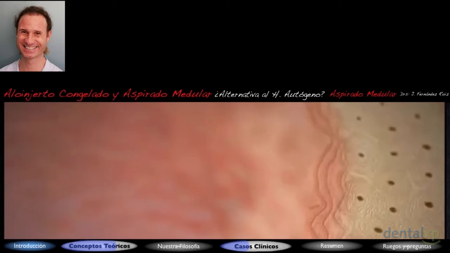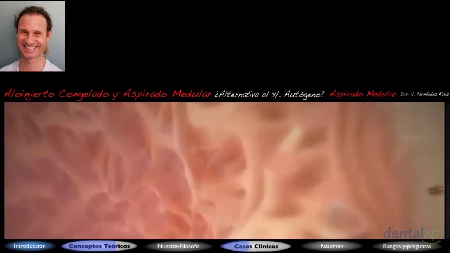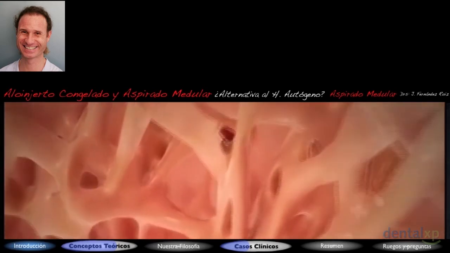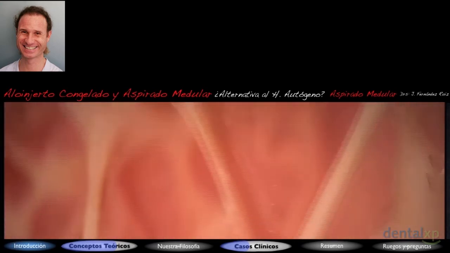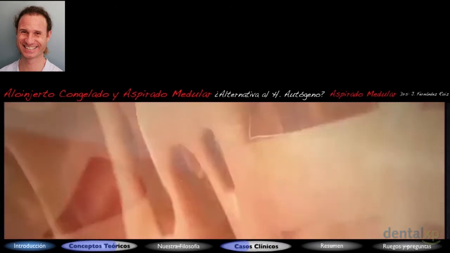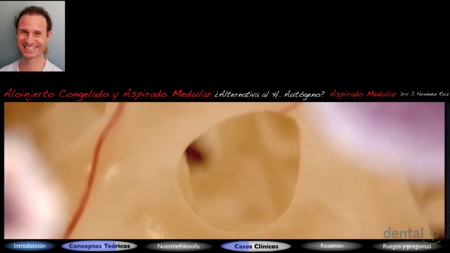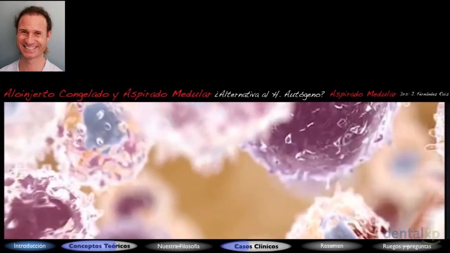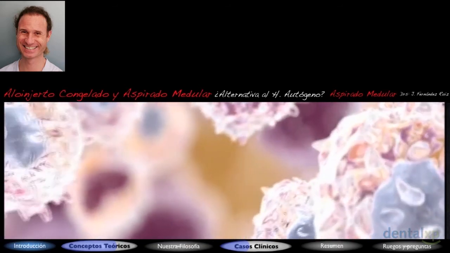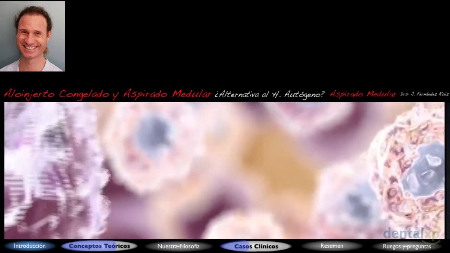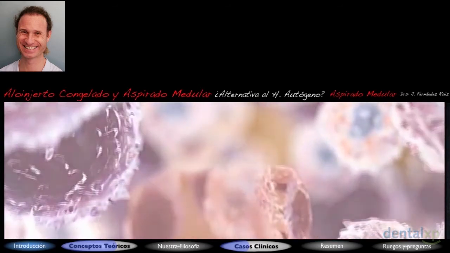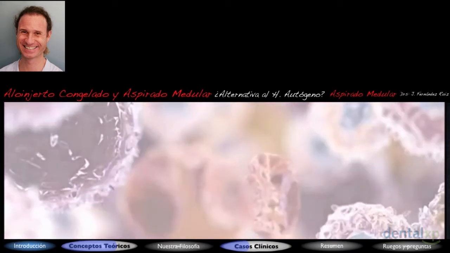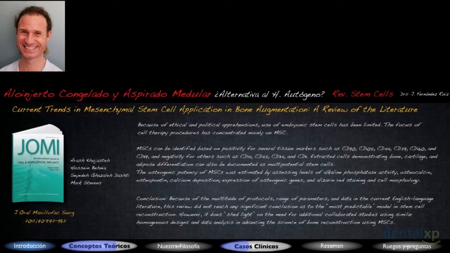And these are endothelial cells, adipocytes, and osteogenic cells. I think we should be cautious in analyzing the literature to see what the different techniques are to obtain mesenchymal cells from the adult. And again, the literature did not reach any significant conclusion as to the most predictable model for stem cells.